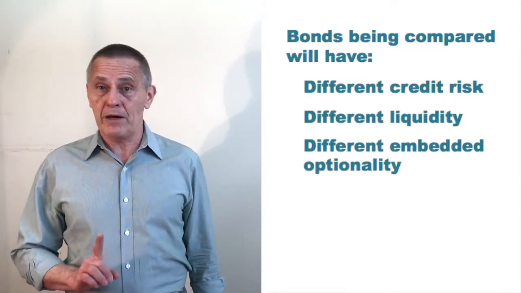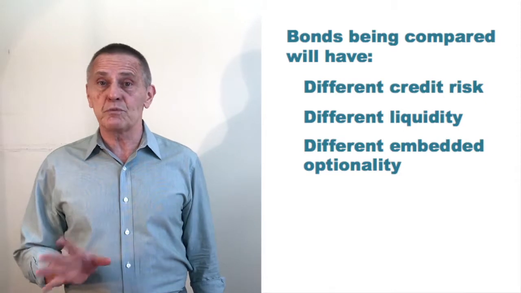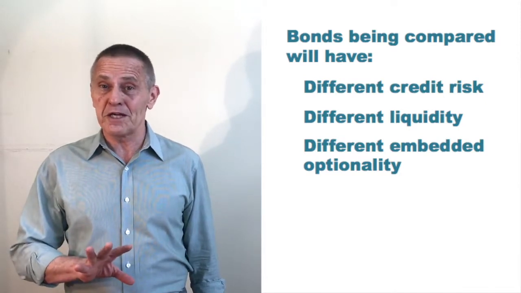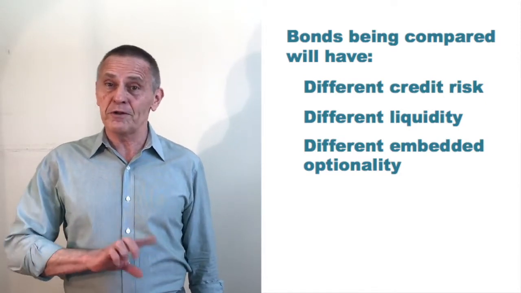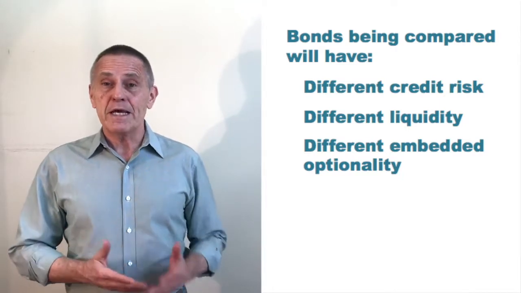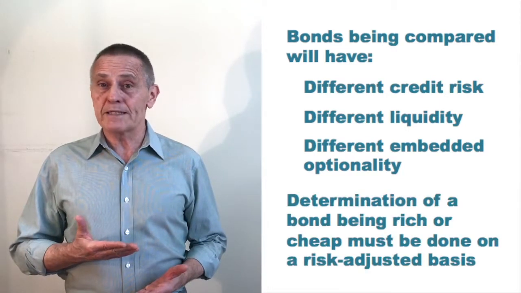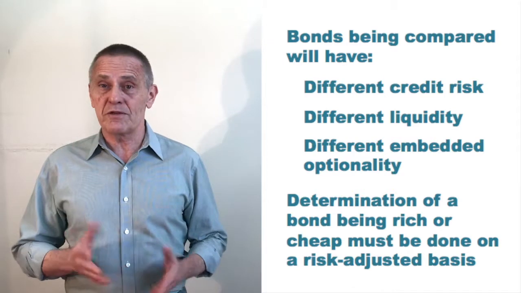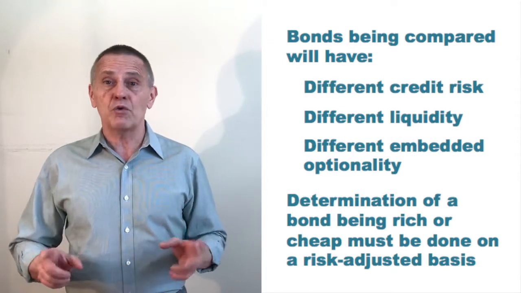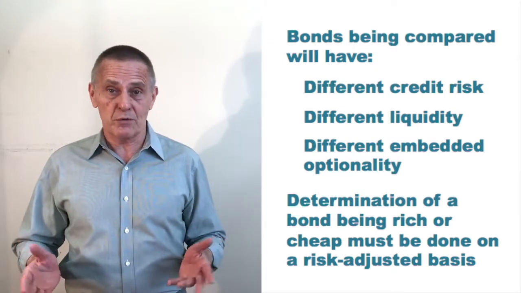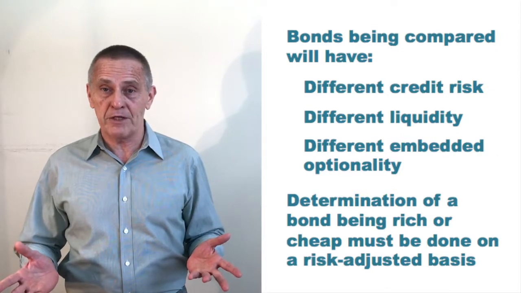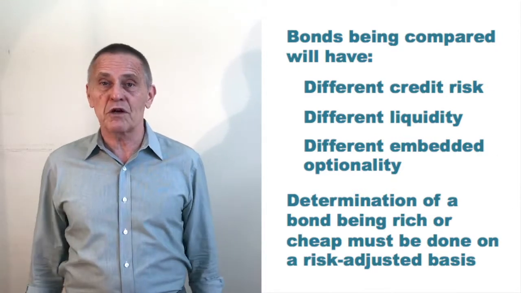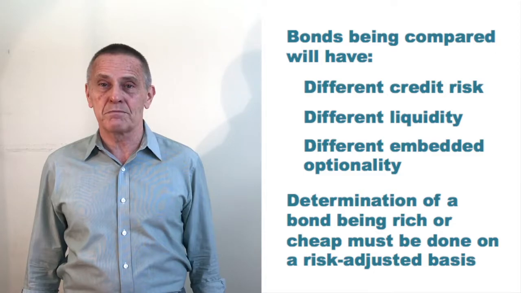So normally in a comparison of the relative value of two bonds, and this is why I earlier said yield is a measure of relative value and relative risk, yield spreads between two bonds will need to be risk adjusted. That is, in some way, shape, or form, try to account for differences in credit risk or differences in embedded optionality. But those will be subjects of later videos in this series.